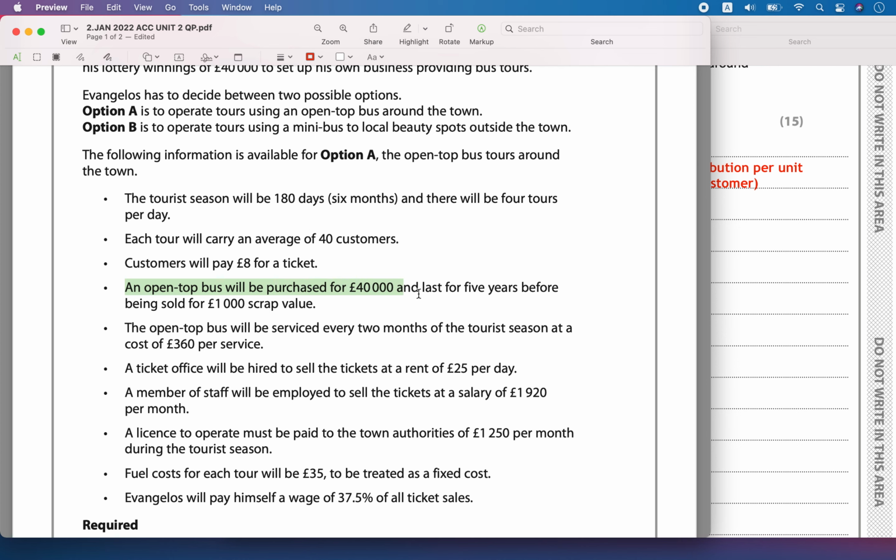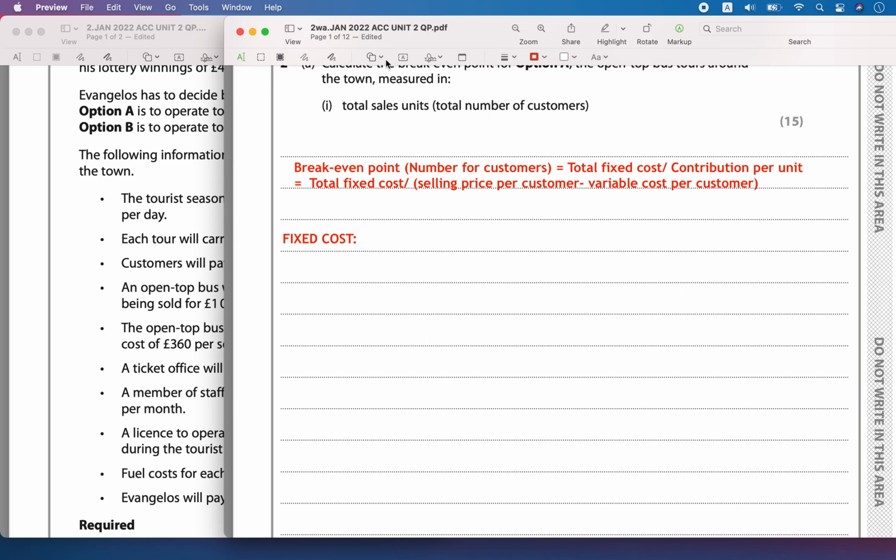Then an open top bus will be purchased for £40,000, and it is going to last for 5 years before it is sold for £1,000 scrap value. This gives us the depreciation charge, which is going to be incurred every year.